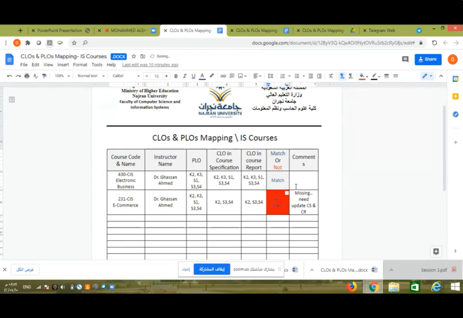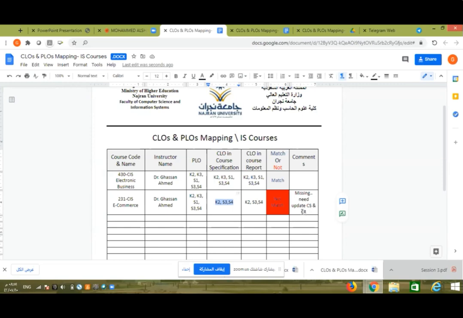Just put it here, not match, and put comments: missing, need update, CS and CR. Let's say you missed updating your course specification based on the PLOs below, so you need that.